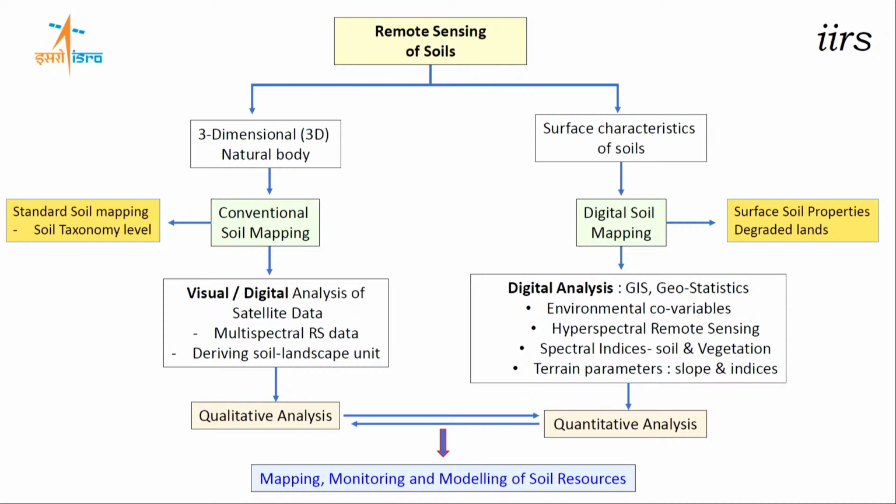Digital soil mapping integrates various environmental information, known in terms of spectral indices or terrain indices, and we use geostatistical and machine learning methods for mapping of soil properties. Another way to say it is quantitative analysis. These are the two ways you can divide information retrieval using remote sensing methods. Today we will discuss standard soil mapping methodology.